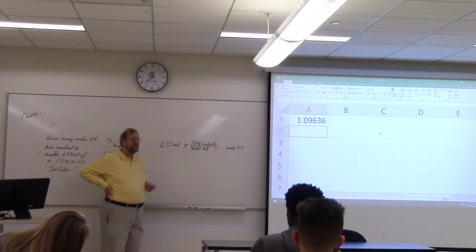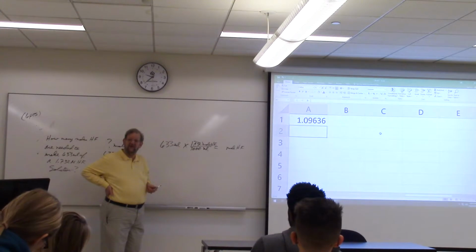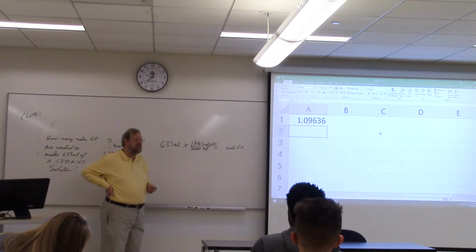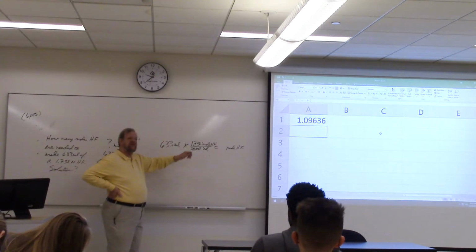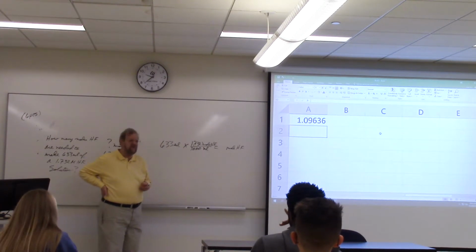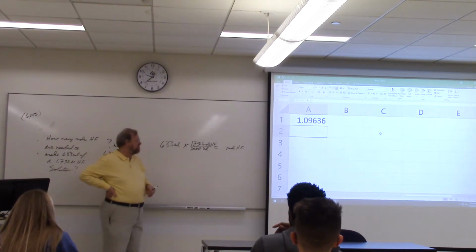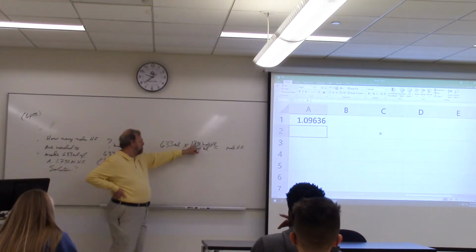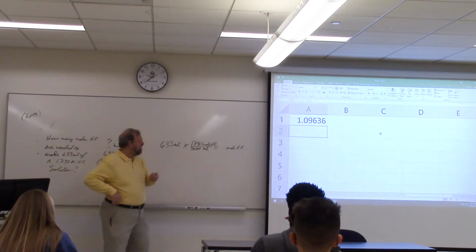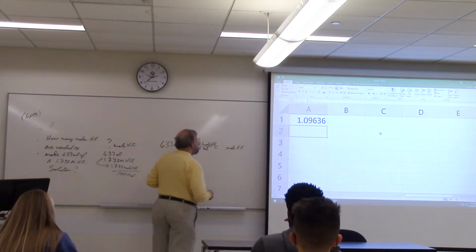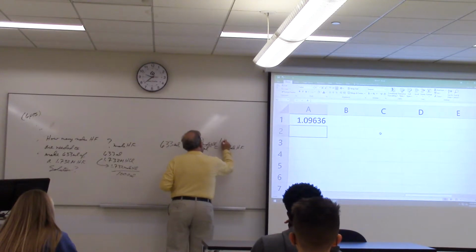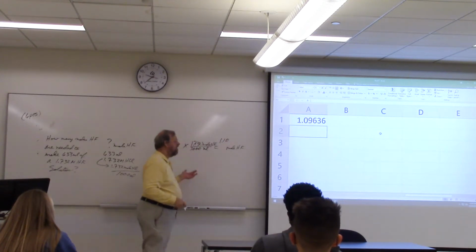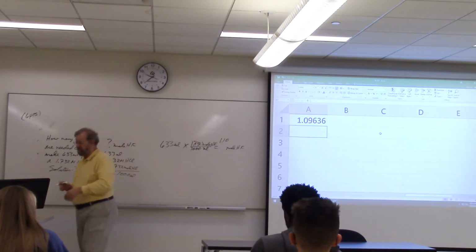How many significant figures should your answer have? Remember, when you're doing a multiplication, you have the same number of significant figures as the number with the fewest, and division too. 3, 4, exact number. Round that off to 3 significant figures, and that would be this number, and that's how you do it.